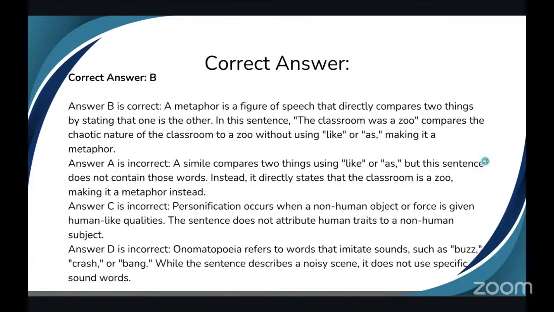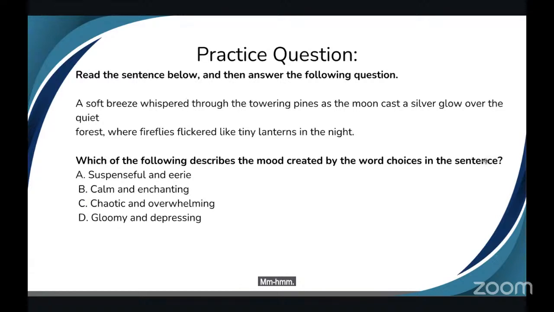All right, let's try this one. Let's do 30 seconds on the timer. See how you do. Ready?